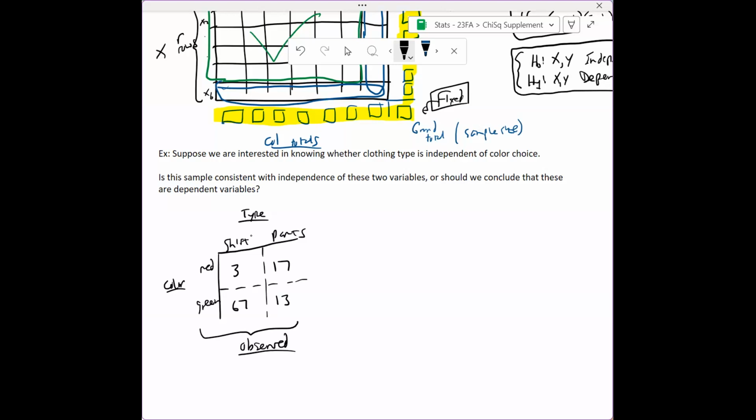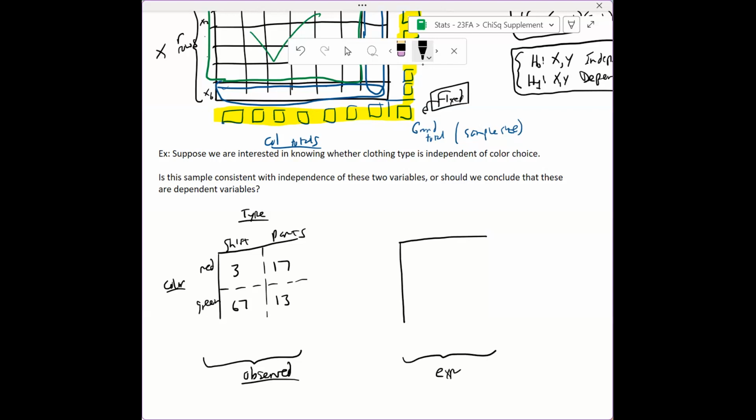Now what we could do is, in essence, create an expected distribution if these were independent. And then we can look at concordance between the two. I'm actually going to move this down just a tad. So I could come over here and I could say, well, there's going to be some expected distribution if these were independent.